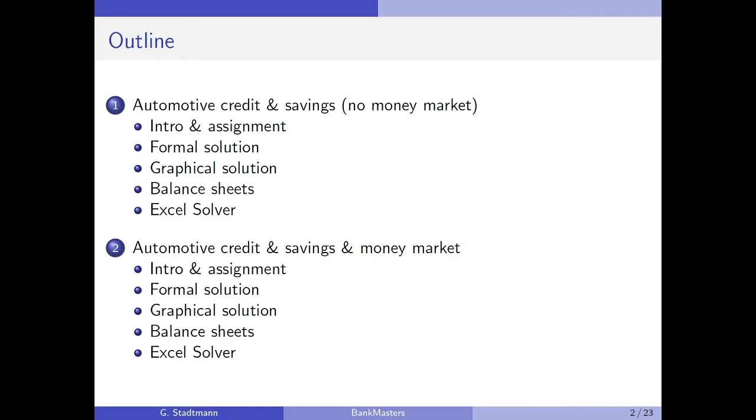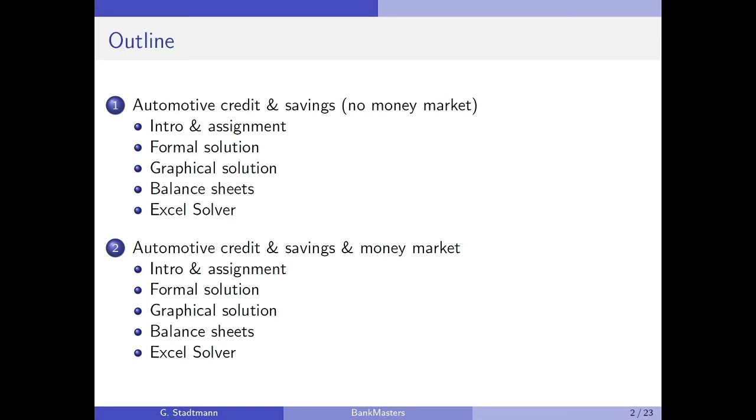So depending on the occasion, the money market is needed. But in the first one, we are just going to consider that there will be no surplus or shortage of money. In the second one, we are going to consider the money market and solve the questions accordingly.